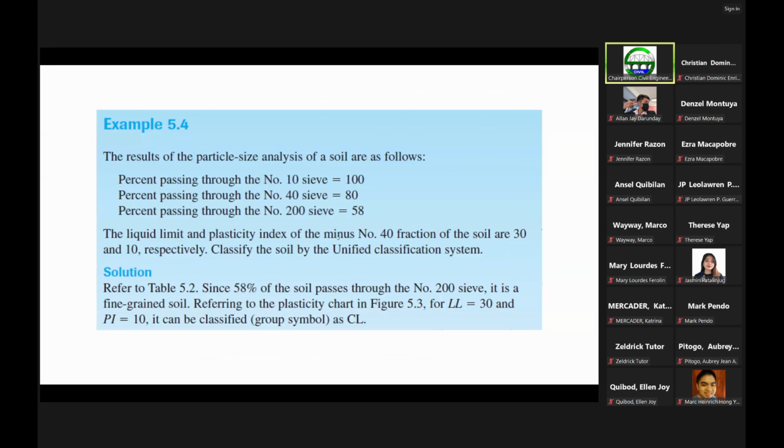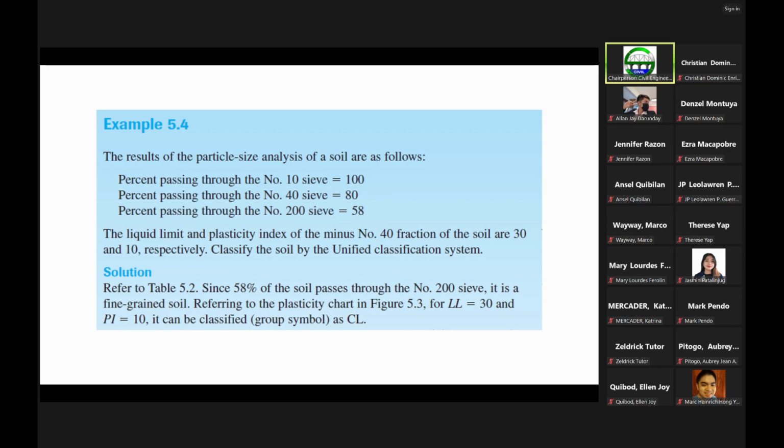Here you notice in the data, the number 10 sieve is already 100%. That means all the materials you put in the sieves, starting from sieve number 10, followed by sieve number 40, followed by sieve number 200 at the bottom, then the pan, all of them pass number 10. That's 100%, which means nothing is retained.